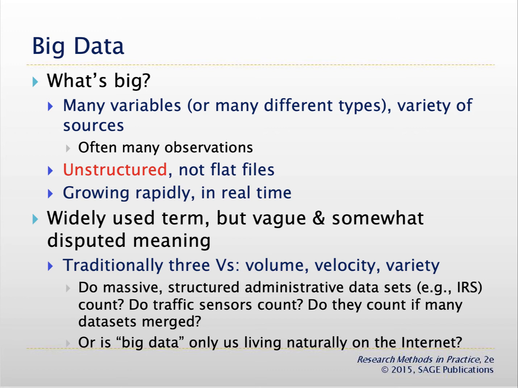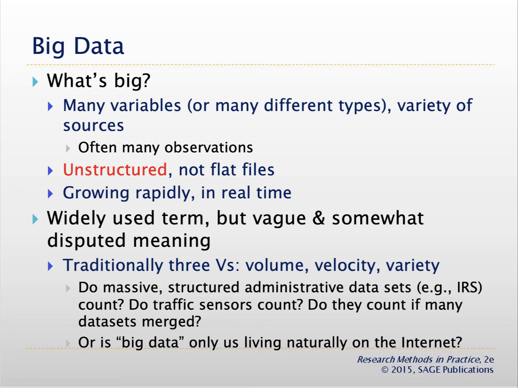Despite all that, big data is kind of a vague term. It's widely used, but the meaning is somewhat disputed. So when it started, people talked about the 3 V's. Volume, lots of data, but they really kind of meant the variables, not the observations. Velocity, oh, it keeps coming, and definitely variety.